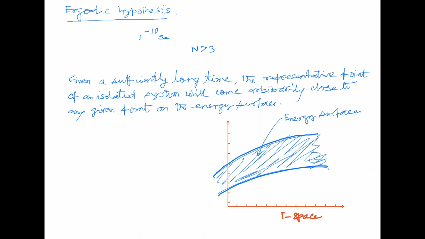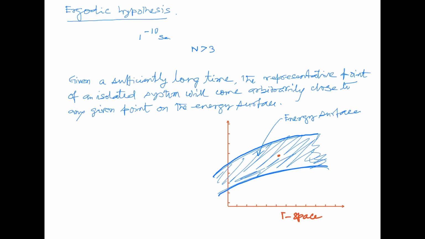So if you take this energy surface in toy space, every point on this energy surface on which the system point is moving represents, each individual point represents, a particular microstate. So if you take any point, say this point on the energy surface, that represents a particular microstate.